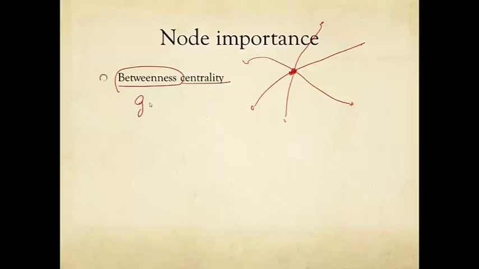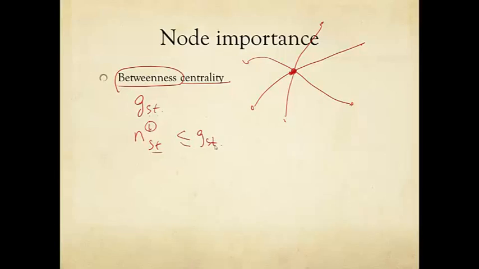How do we quantify this? Let's first denote by g_st the total number of shortest paths between two nodes s and t. Okay. Then let's denote by n_st^i the number of shortest paths that node i sits on for the pair st. So clearly n_st^i is less than or equal to g_st.